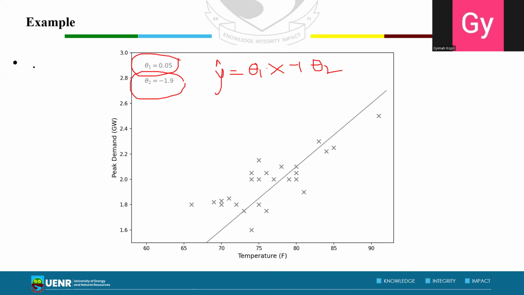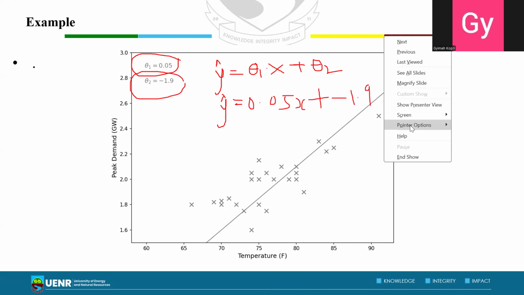So immediately you are given something like this, you quickly insert these values there. Now our y hat will be equal to, what is theta 1? That is 0.05, then you have our x, plus, then on our theta 2, remember it is negative, so this plus will go away, so that it becomes minus 1.9.